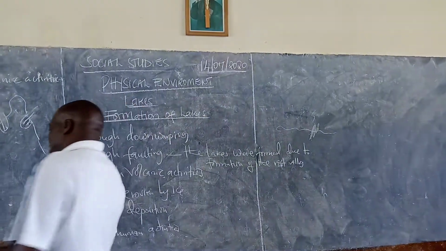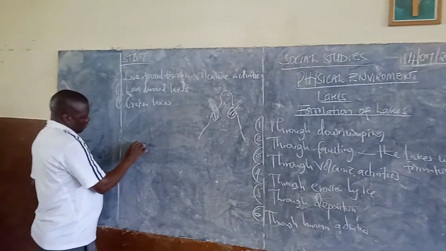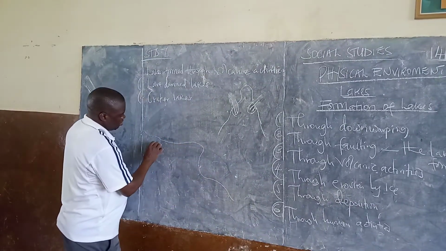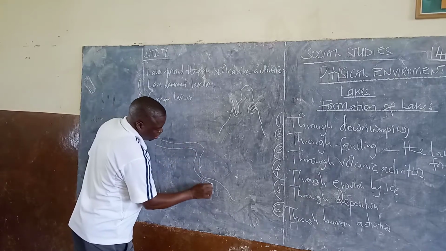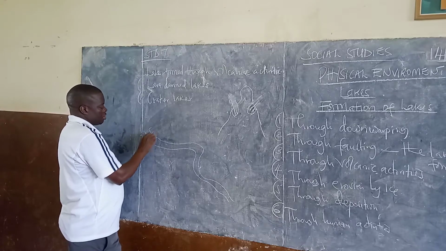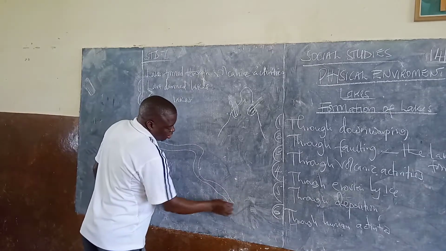Now, if a river is flowing, we have a river flowing like that, because of the hill. It is flowing from, let's say, this is the source, and we can talk about the mouth.